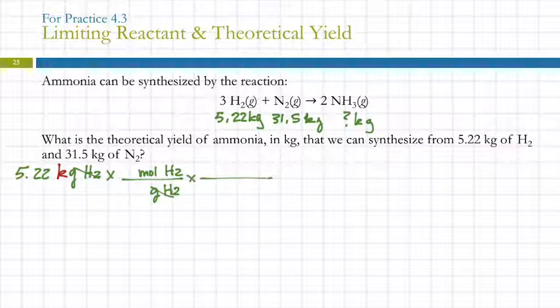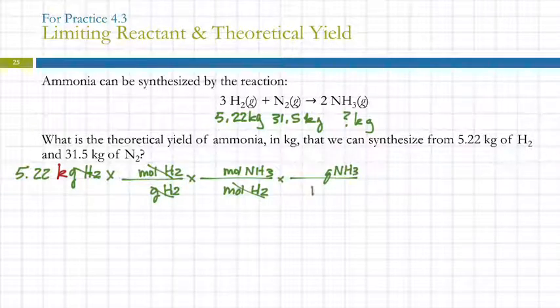Grams to moles. Next I'm going to go to moles of ammonia, and I'm going to be dividing by moles of H2. And then I'm going to go to grams of ammonia, dividing by moles of ammonia.